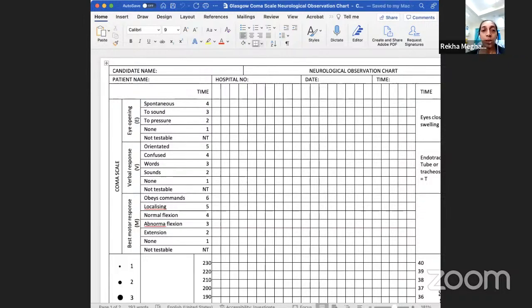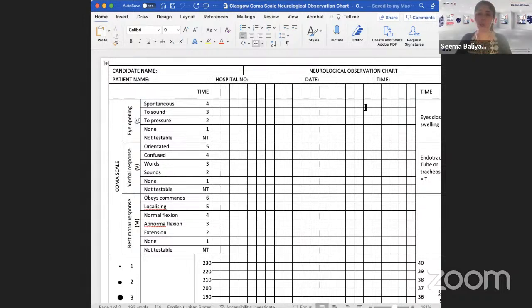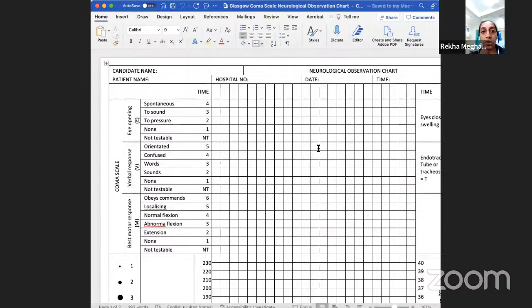Okay, first I need to write down the name of the patient here. I need to fill it out first. You have filled that one, yeah. And then we need to go through eye opening. So it is a coma scale first, and inside it is eye opening, so we need to check it. Is it spontaneous or none?